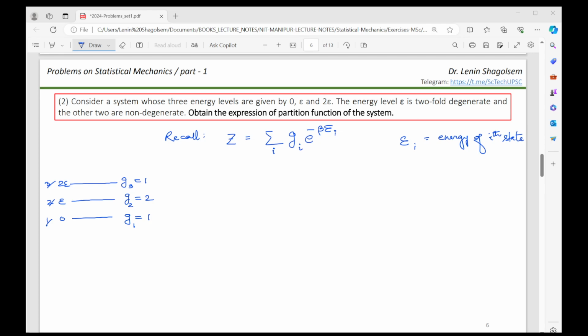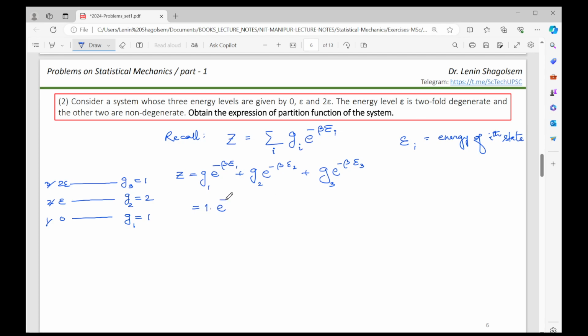Let's do that. So Z is g1 e to the minus beta E1 plus g2 e to the minus beta E2 plus g3 e to the minus beta E3. What is the value of g1? It's 1 here.